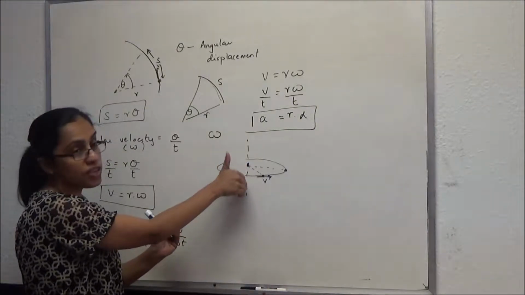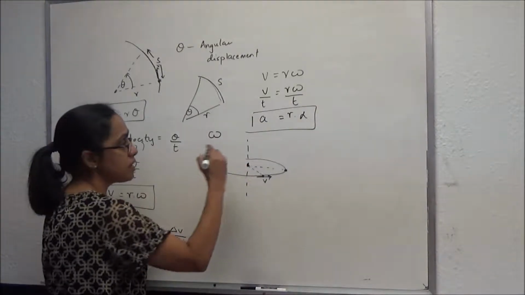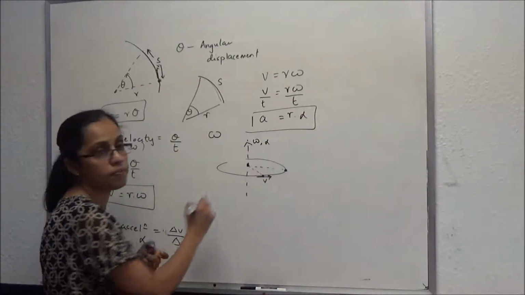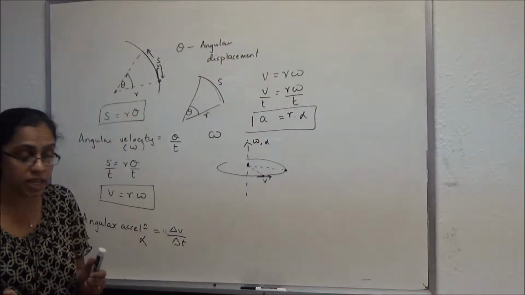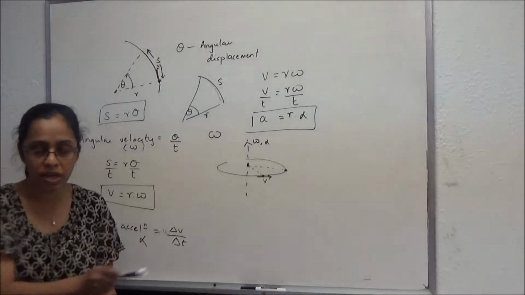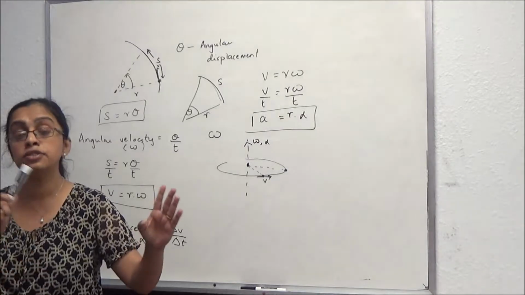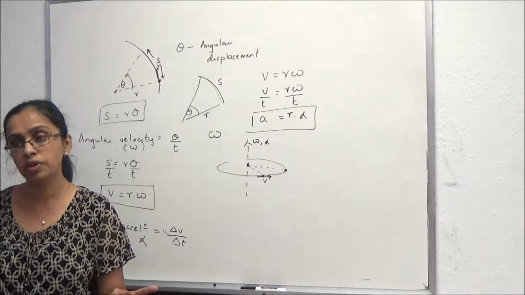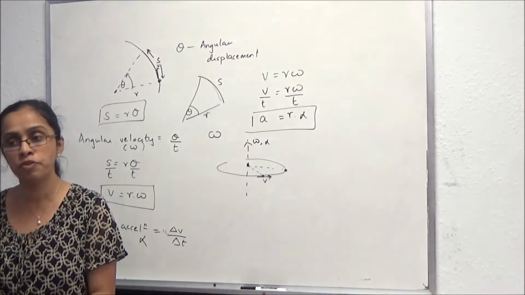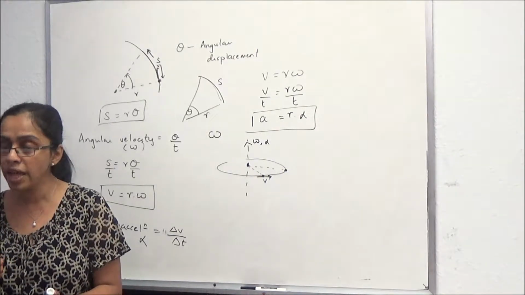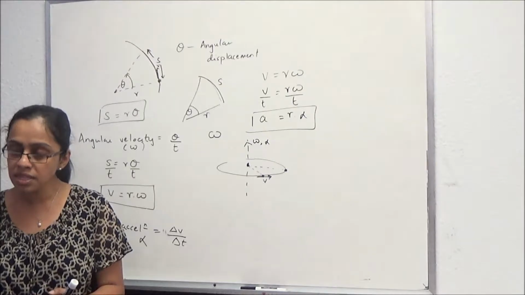Your thumb is moving up. So that is the direction of omega and alpha. So even though the particle is moving in a circular manner, its direction is always changing at every moment. So there should be one direction for that to be a vector. So that's how we find it.